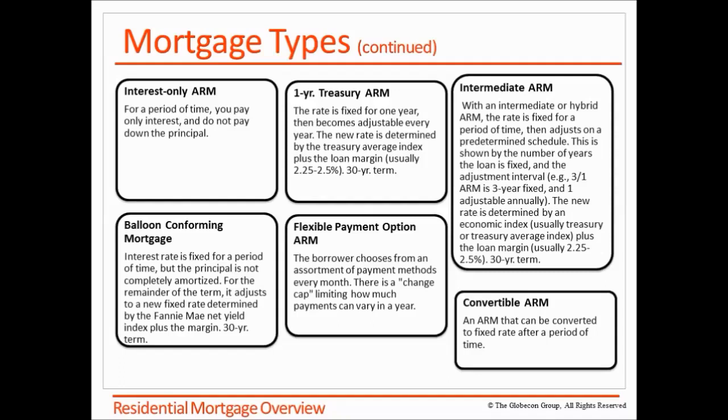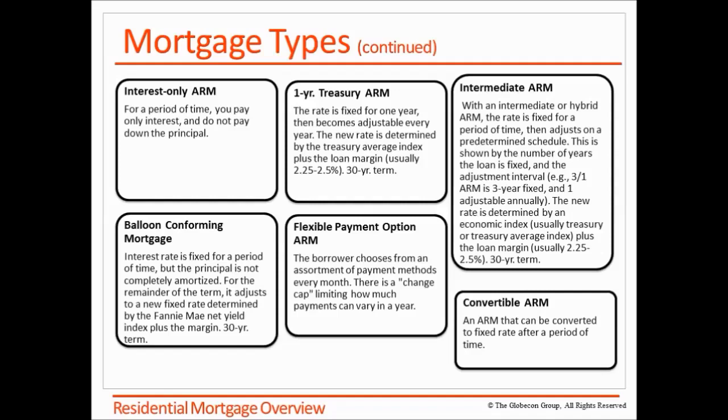The new rate is determined by an economic index, usually Treasury, LIBOR, or prime rate, plus a loan margin, usually 2.25% to 2.5%. And it's typically a 30-year term. So that's kind of the difference between these different types of adjustable rate mortgages.